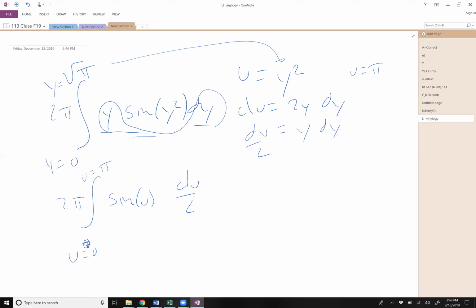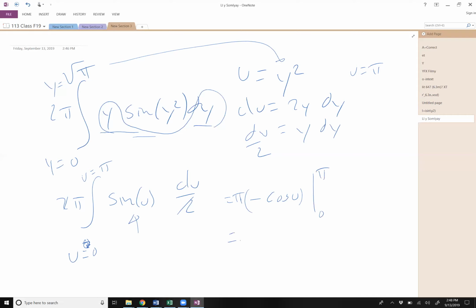I can divide out my 2's. So I need to find the antiderivative of sine of u. What's the antiderivative of sine of u? Negative cosine of u, multiplied by pi, evaluated from 0 to pi.